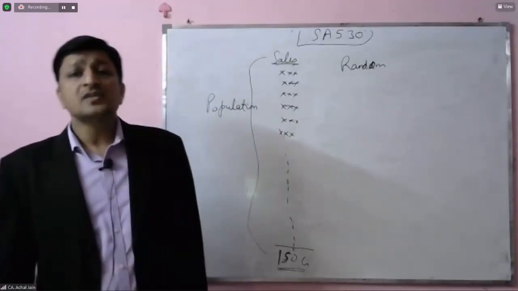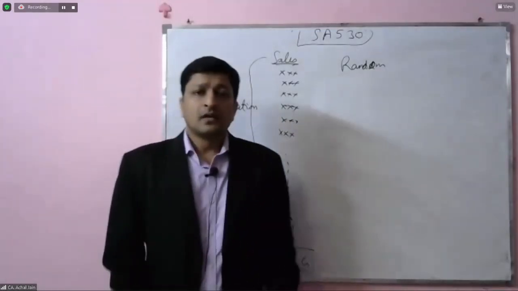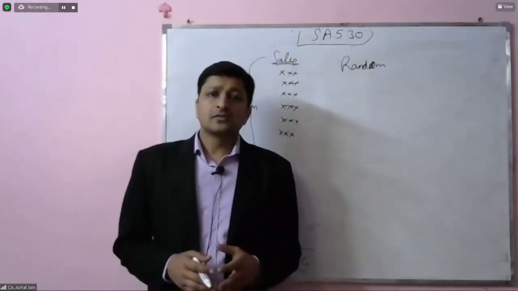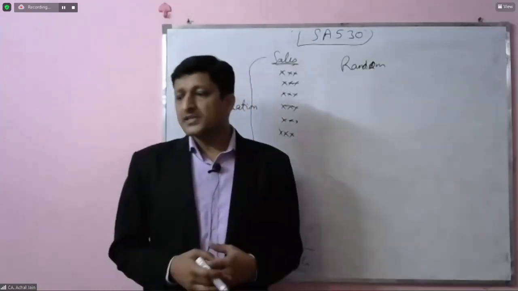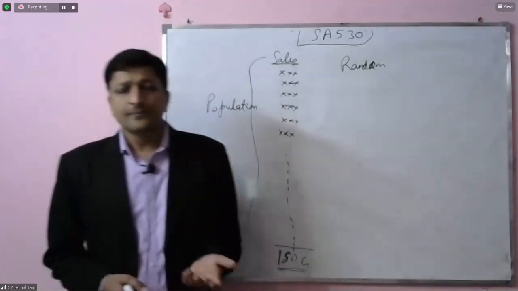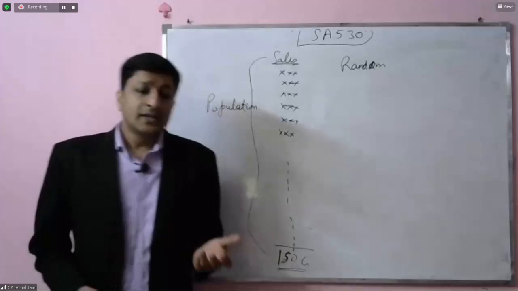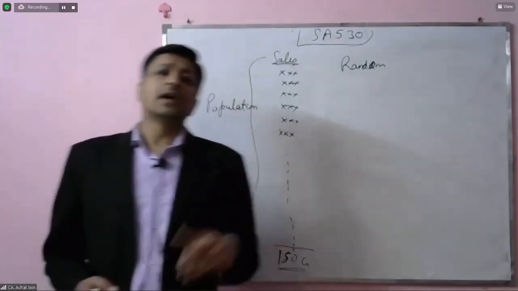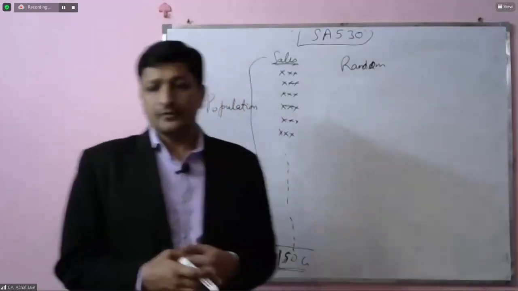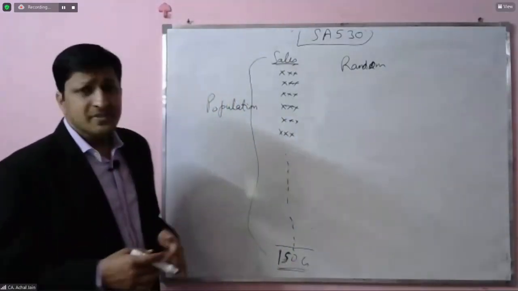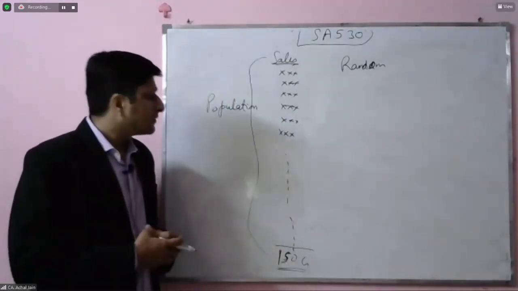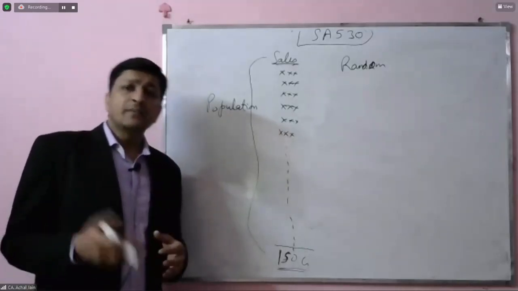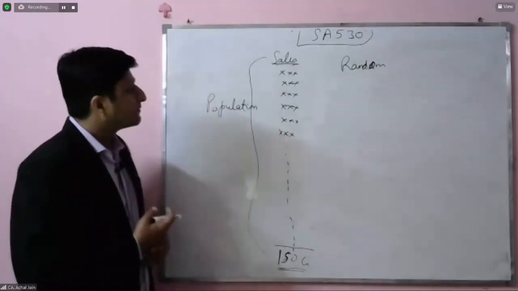Now, as around this method, again, there's no fixed formula, or we can say there's no fixed criteria on the part of the auditor that whether this method should be used or some other method should be used. What can be some other methods? Those methods will again be dependent on the judgment of the auditor.